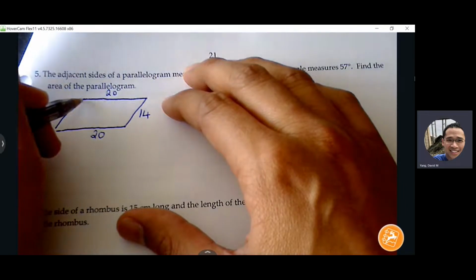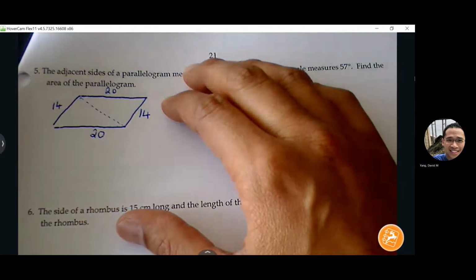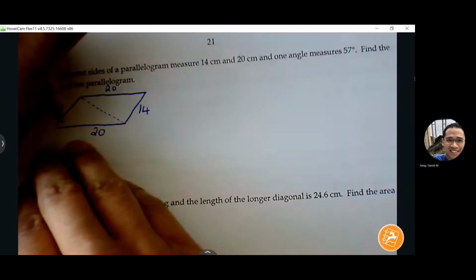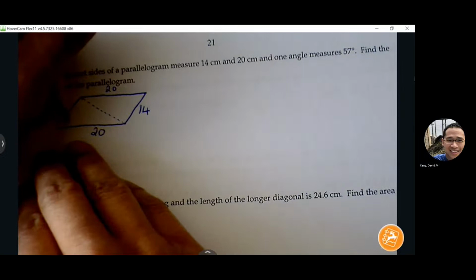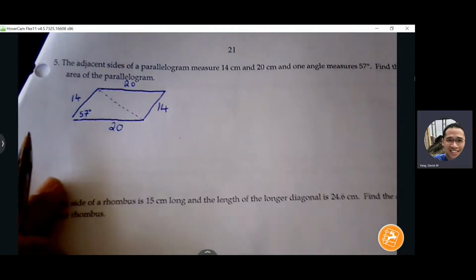I'm going to draw it this way because I want the angle that's given to me to be acute. So I'll do this one to be 7 degrees. Find the area of the parallelogram.